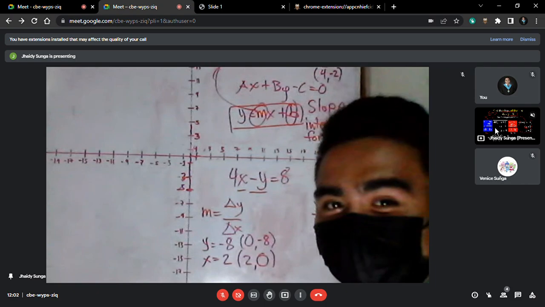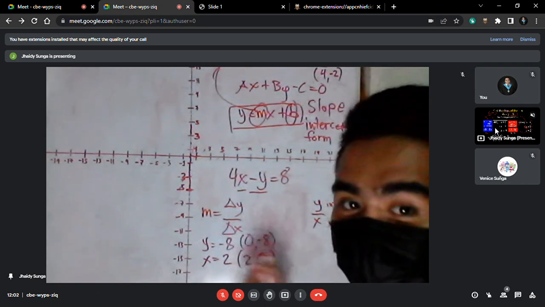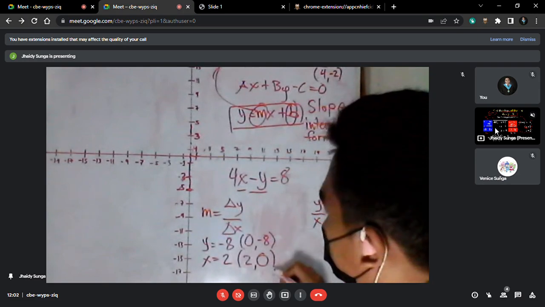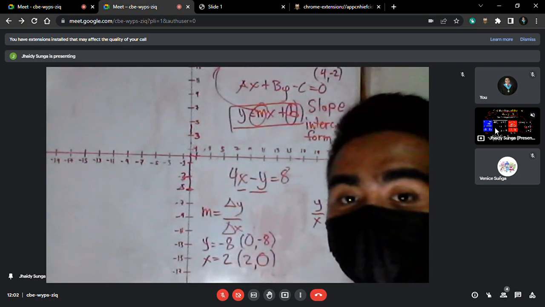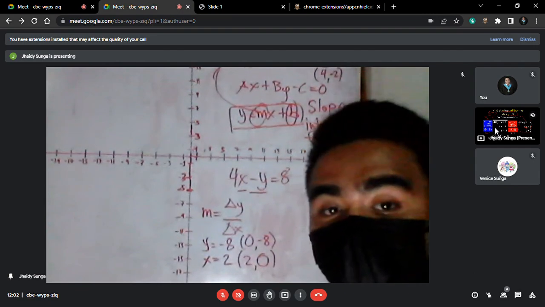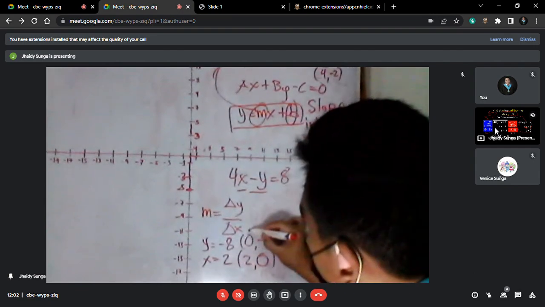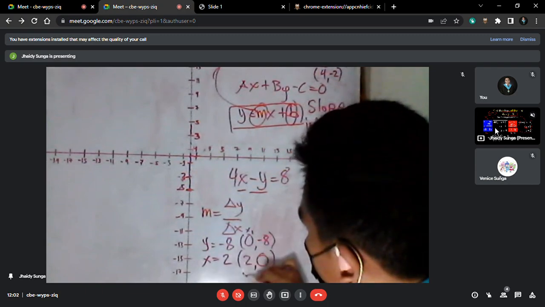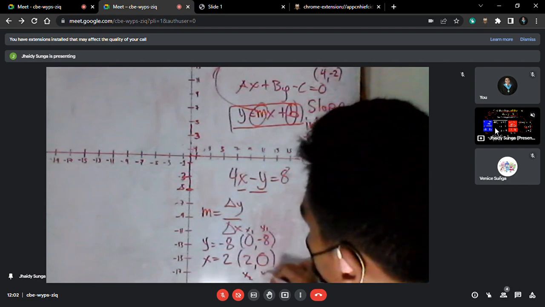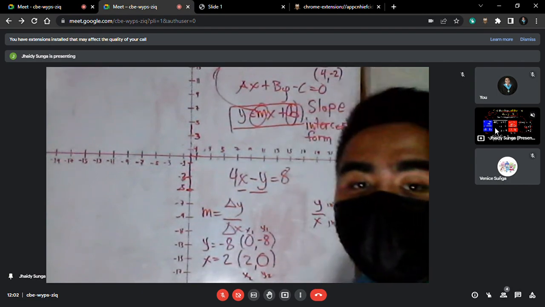Alright, so having this coordinate, you have this y and you have this x. So if you're going to find what is the x sub 1, x sub 2, and y sub 1 and y sub 2, this is your x sub 1, x sub 2, y sub 1, y sub 2. Only that one.